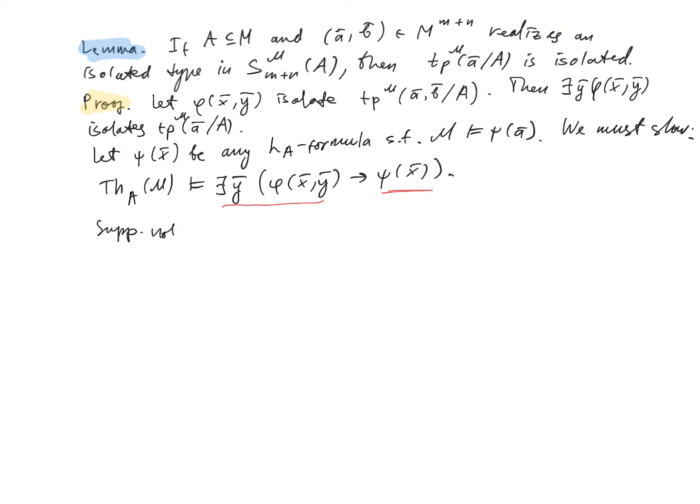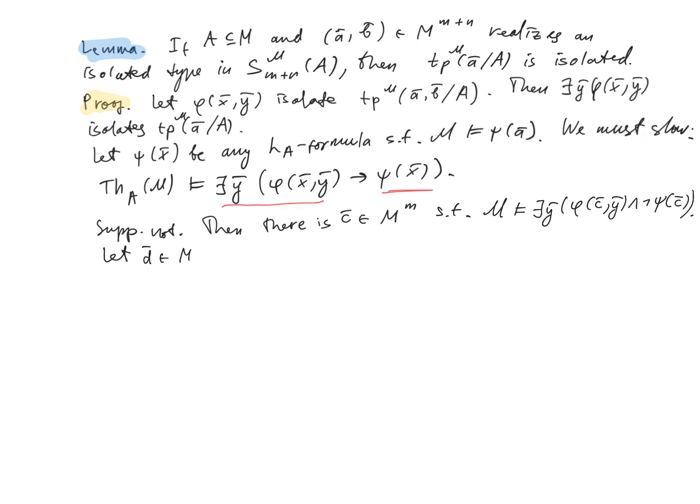So suppose not, then there is some tuple c bar in M of length m such that M satisfies exists y bar phi of c bar y bar and not psi of c bar. Let d bar in M^n be such that M satisfies phi of c bar d bar and the negation of psi of c bar.